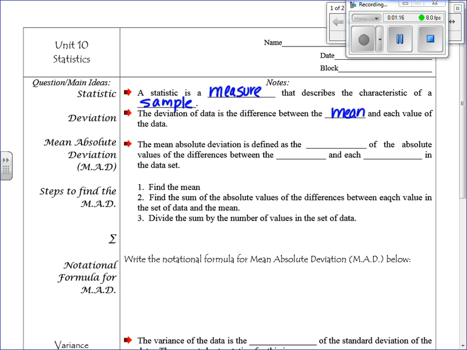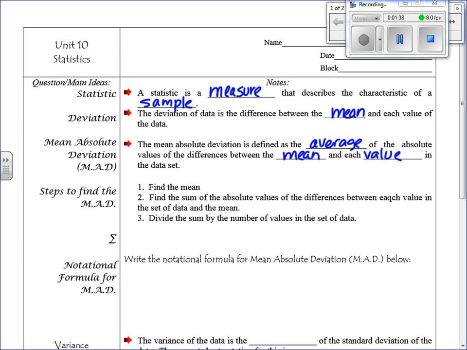Mean absolute deviation is defined as the average of the absolute values of the differences between the mean and each value in the data set.